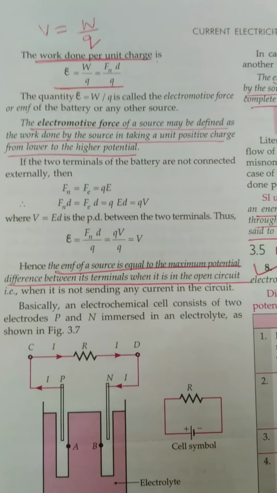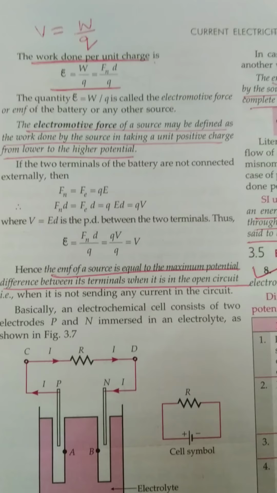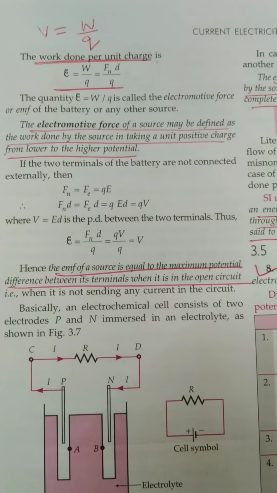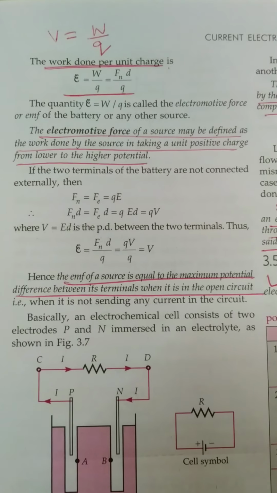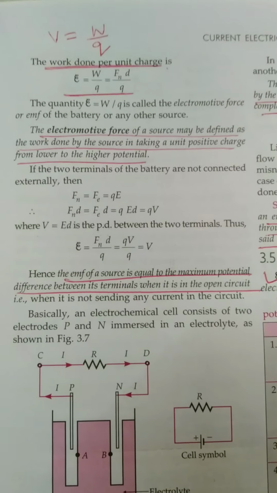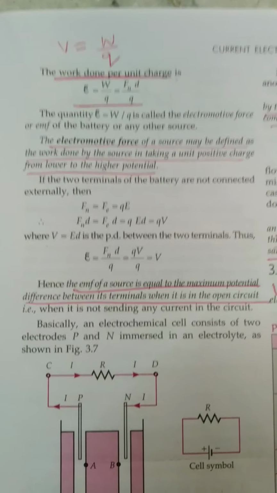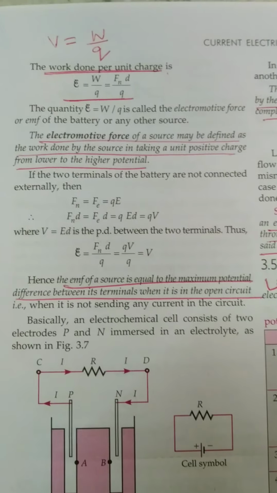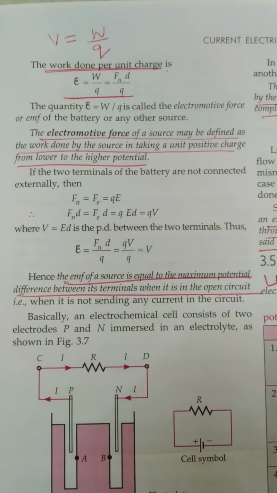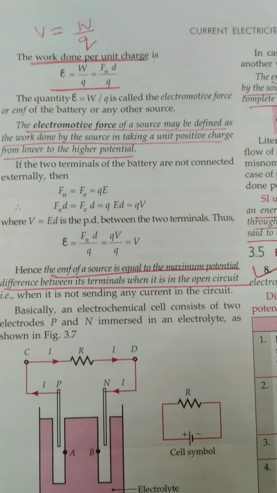When we use the cell in a circuit, the value of the potential difference decreases. It becomes 1.4 or 1.45 or 1.3. That is called the terminal potential difference. When the source of EMF is used in a circuit, then that potential difference is not called EMF. It is called terminal potential difference.